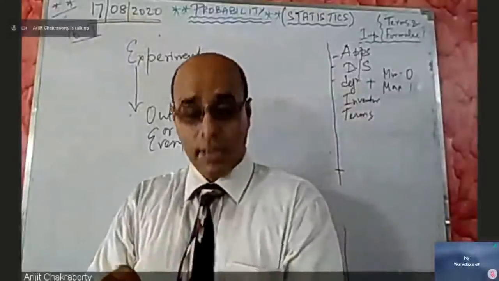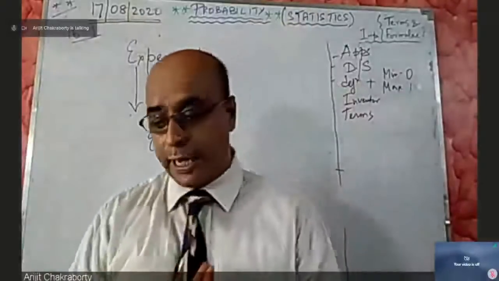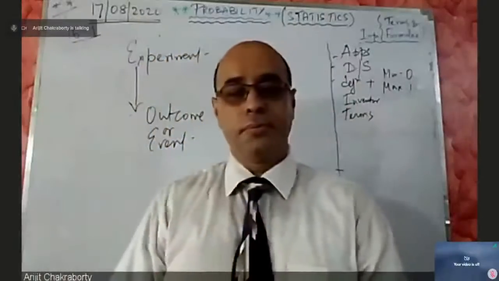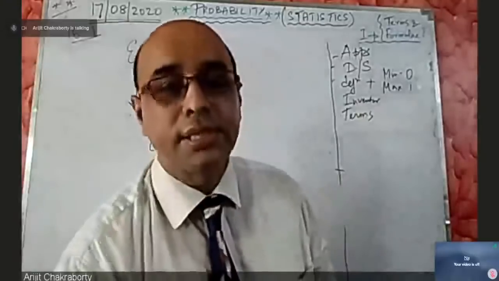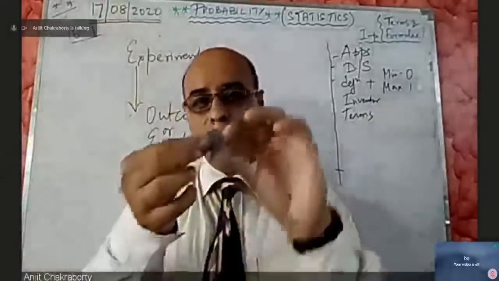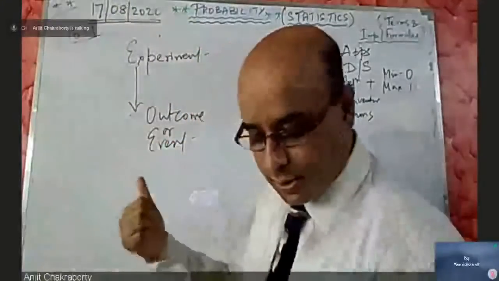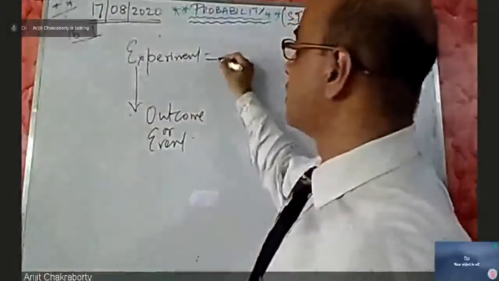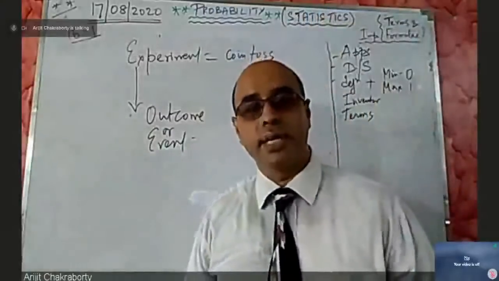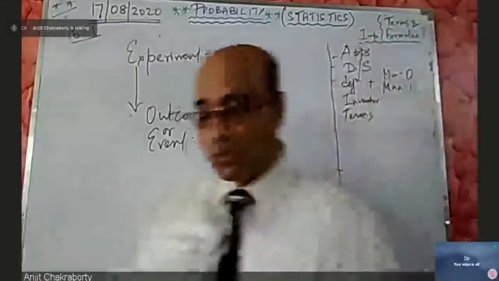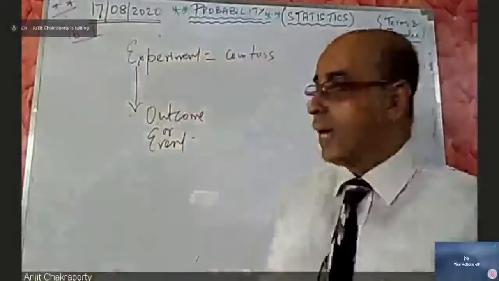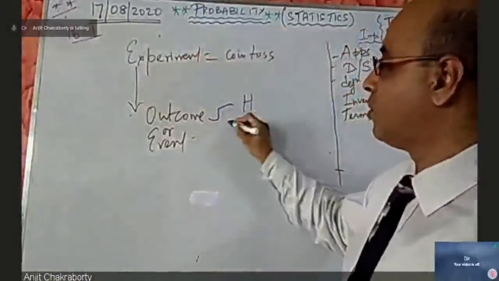Oh, it's heads. Now whether it's a head or tail, if a coin is tossed, there are 2 outcomes which can happen. This flipping of the coin is an experiment. So experiment is coin tossing. What is the outcome or the event? Either you will get a head or you will get a tail.